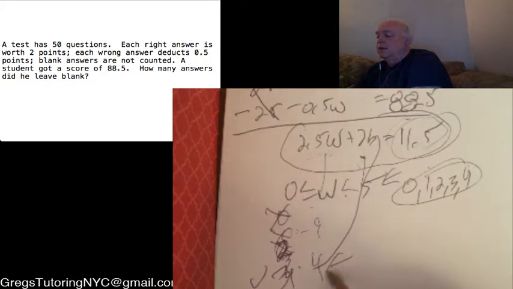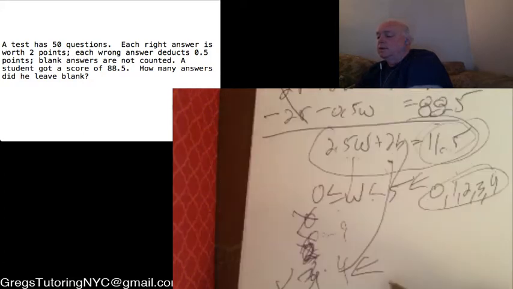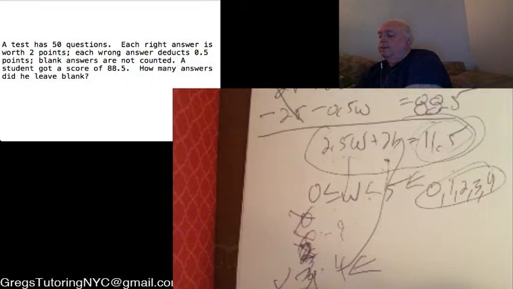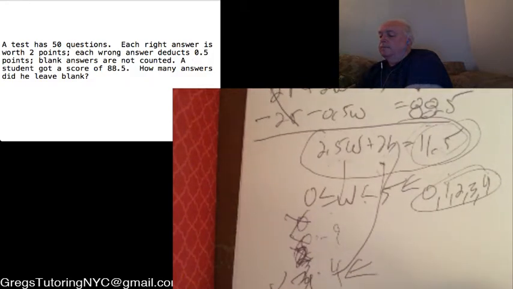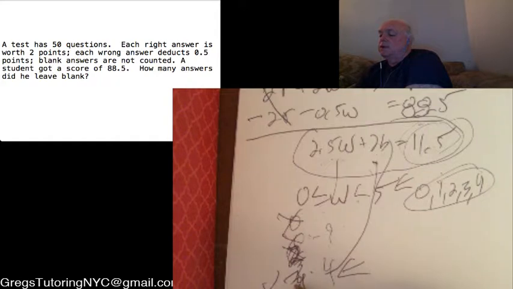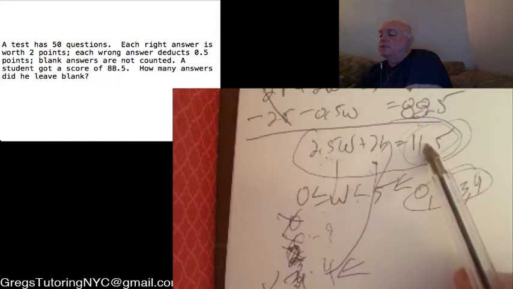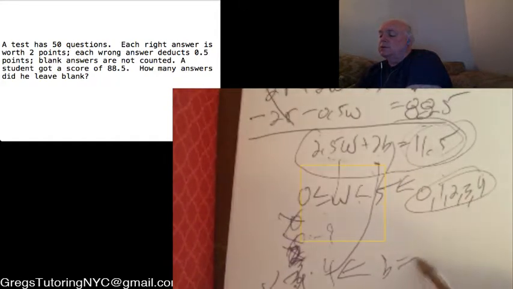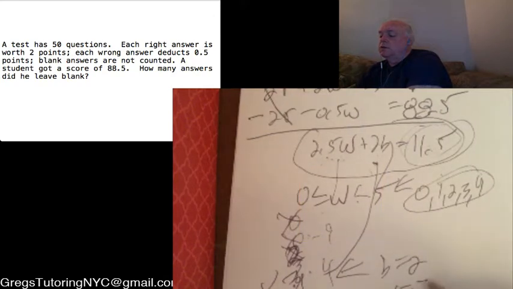So the only one that can work is W being 3. And again, if W is 3, we get 7.5, we get the 4, which means B is equal to 2, and W is equal to 3.